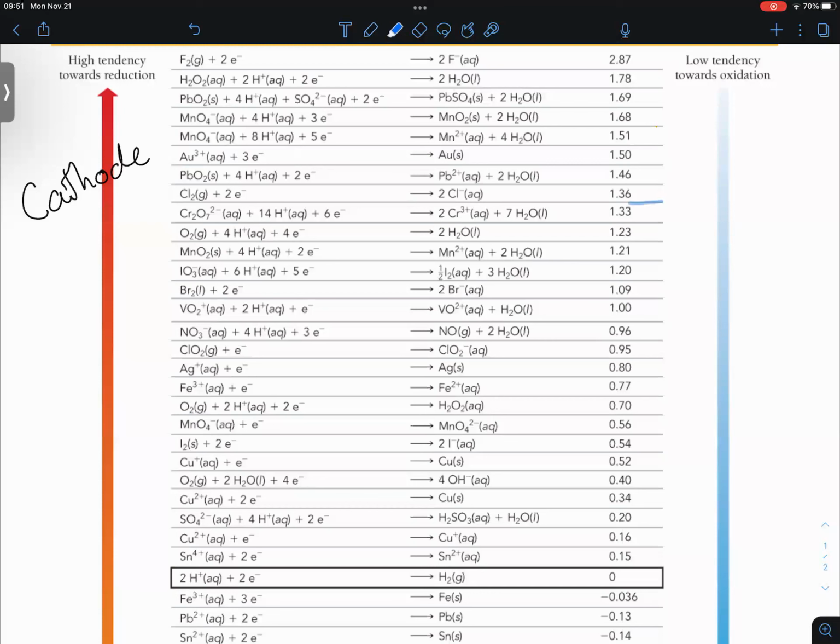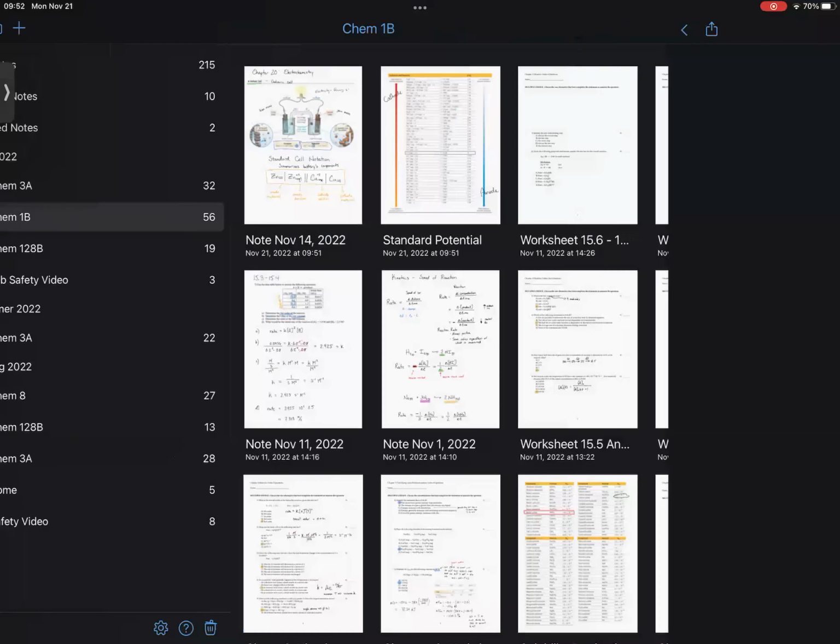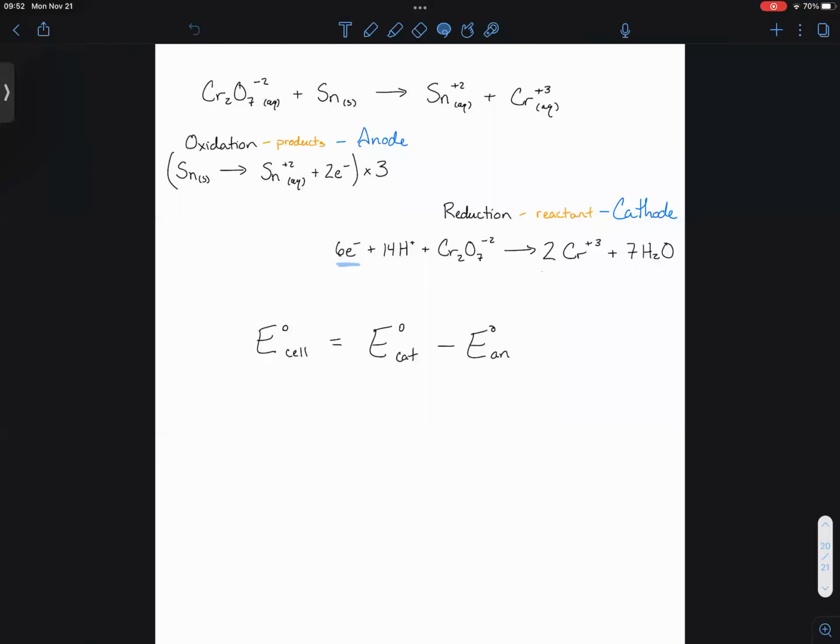In this case, I see it here. So let's grab this. This was my cathode reaction.